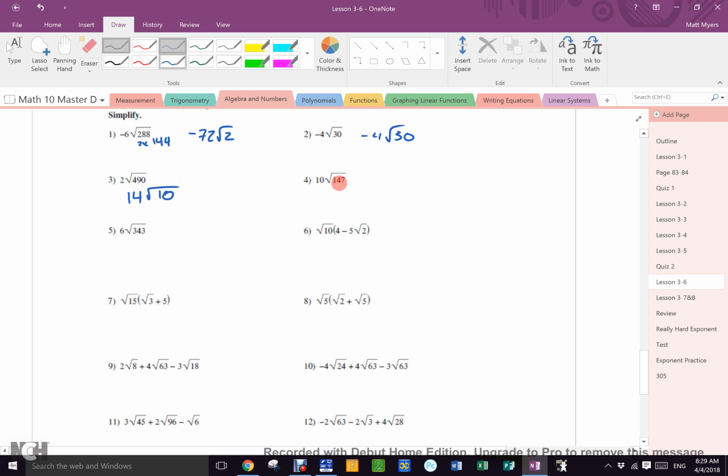Ten root 147. Pardon? 70 root 3. 6 root 343. Yep.